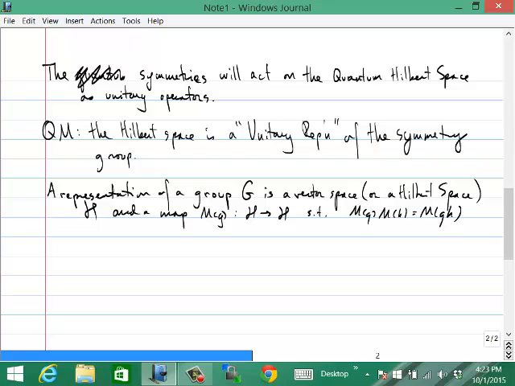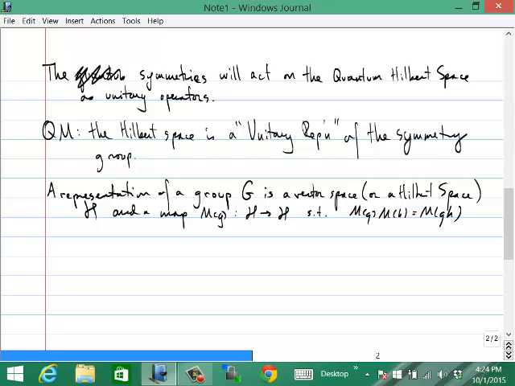As I'll describe in just a second, this will allow us to classify all possible kinds of particles that you can have in quantum field theory. This applies equally well in condensed matter physics. One of the favorite ways for people to proceed when they're studying materials physics is that if there's some material you don't understand, you postulate that there's some strange symmetry, and then you start writing down dynamics that are consistent with that symmetry.